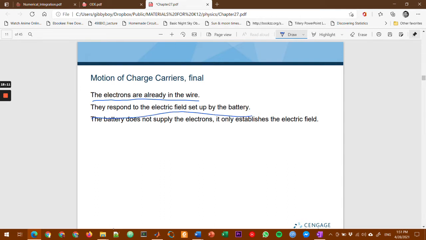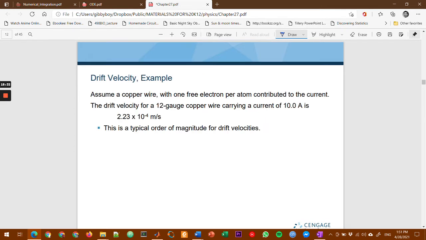The battery does not supply the electrons; it only establishes the electric field, and once there is an electric field, the electrons feel a force. That is why there is drift motion, and in effect, current. This is the drift velocity for a 12 gauge copper wire carrying a current of 10 ampere. It is very small, very slow motion, a typical order of magnitude for drift velocities.